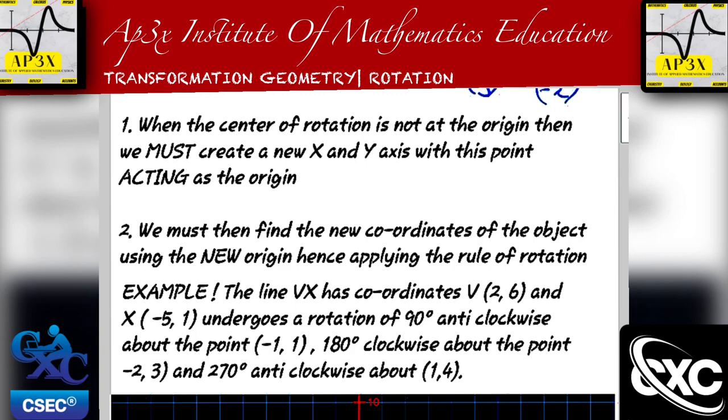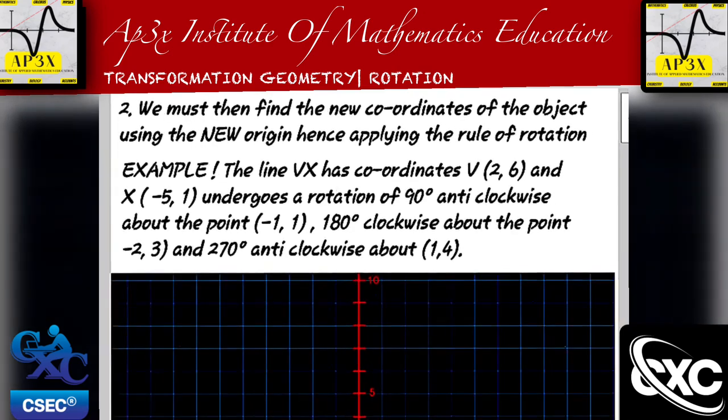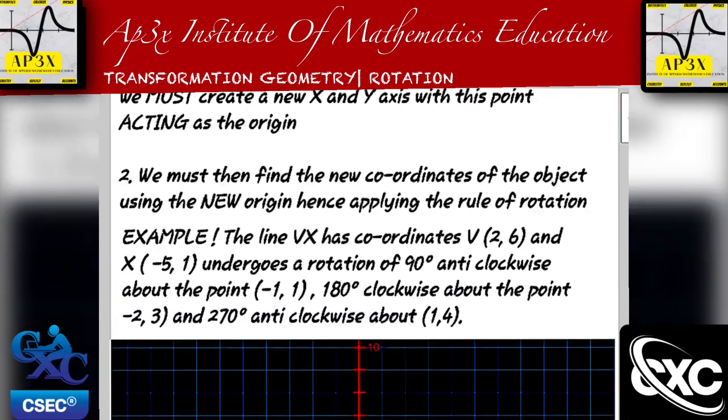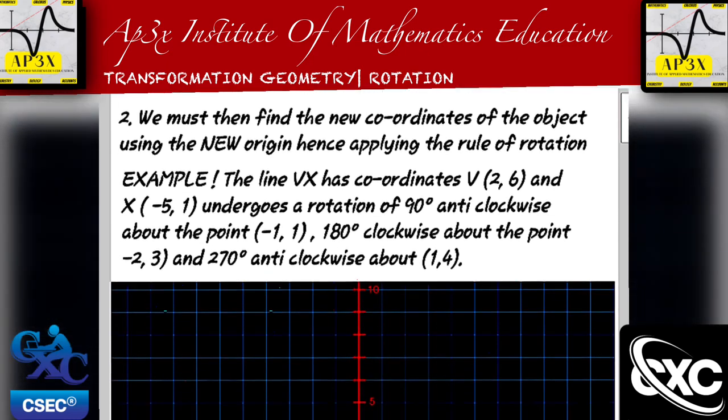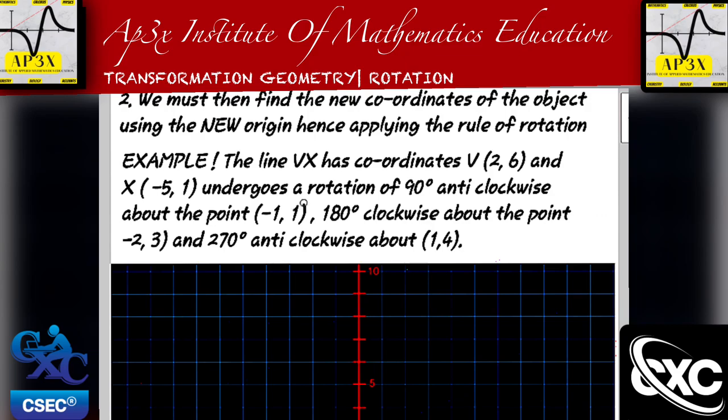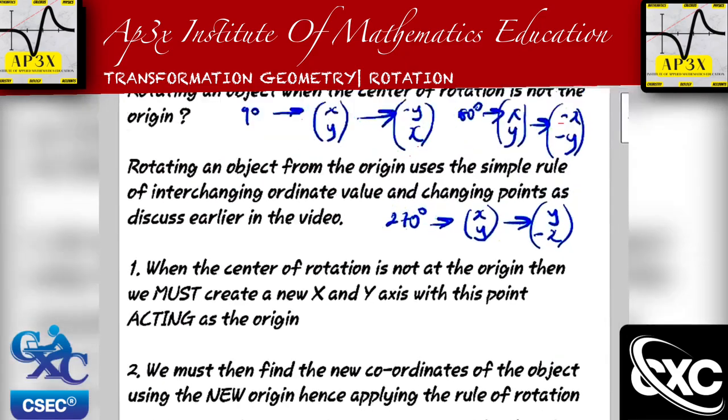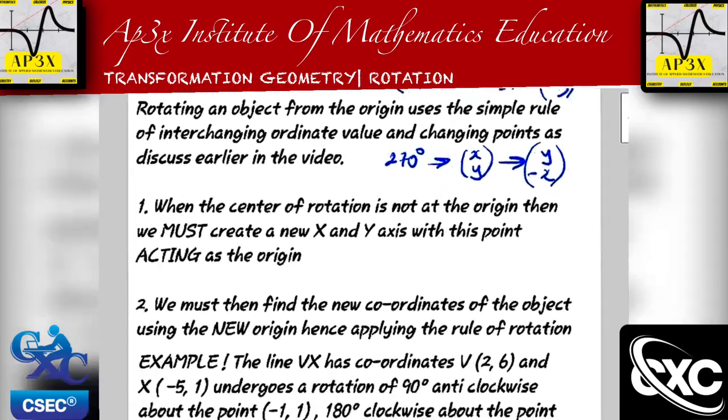Now I know that at this point, guys, you might be seeing that this is a little confusing, but I'm about to take you on the graph and walk you through this very simple process. I promise you, after this explanation, you are going to be using this method more often than not to find the center of rotation. Now, first, after we've created the x and y axis at this new point of origin, we're going to have to find new coordinates of the object, and then we're going to apply the rule that we discussed in part 1.